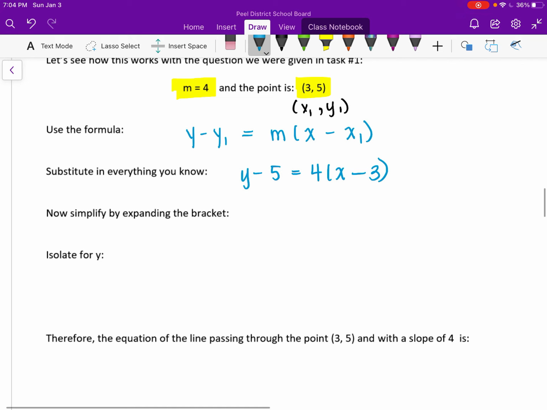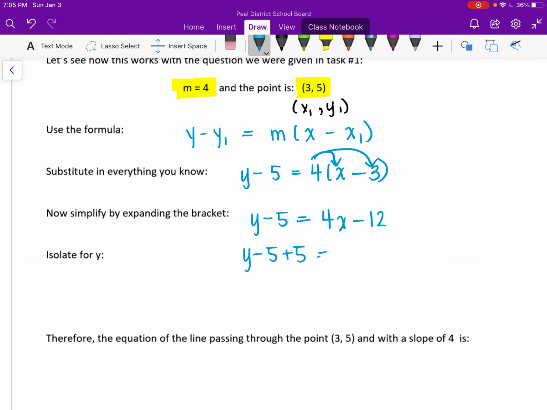Now I'm going to simplify by expanding the bracket first. So y minus 5 is equal to 4x, because 4 times x is 4x and 4 times negative 3 is negative 12. Now I'm going to isolate for y, so I want to get rid of this 5: adding 5 to both sides, y is equal to 4x minus 12 plus 5, which is 4x minus 7.